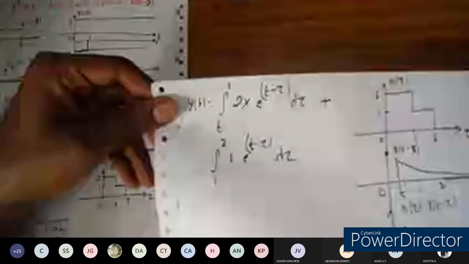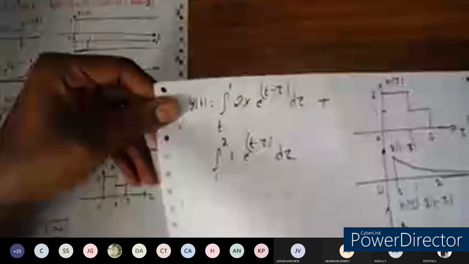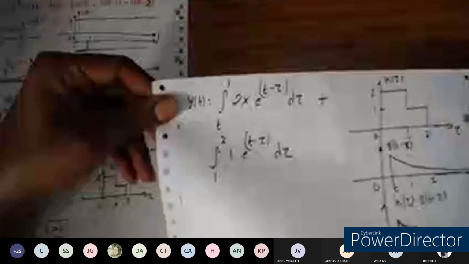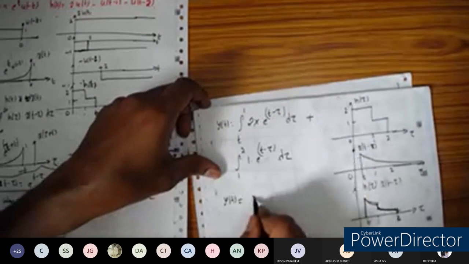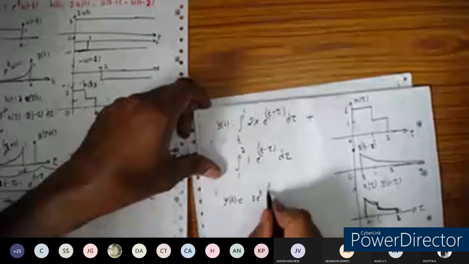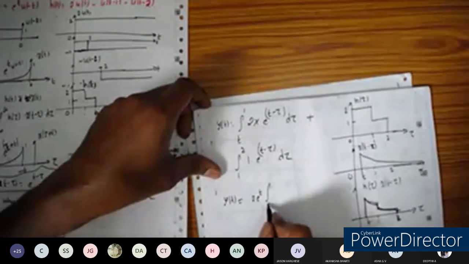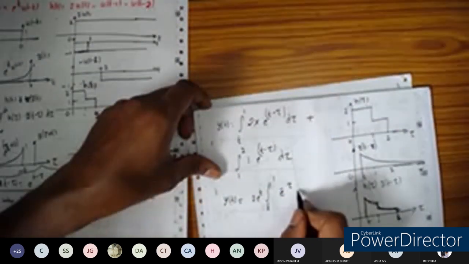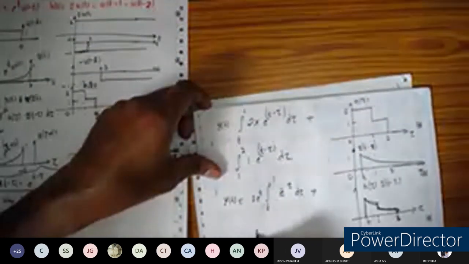Okay. So now let us integrate this one. Let us take e to the power of t outside, as it is common in both the terms. So it is 2 into e to the power of t, the integration from t to 1, e to the power of minus tau into d tau, plus the other one is e to the power of t into integral from 1 to 2, e to the power of minus tau into d tau.